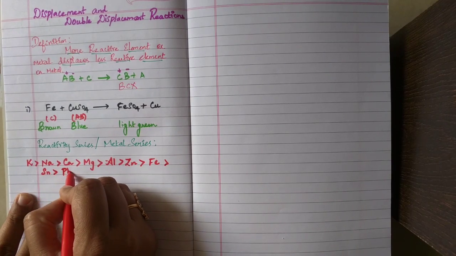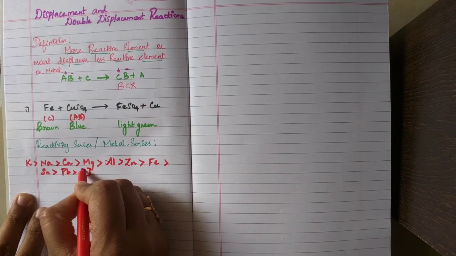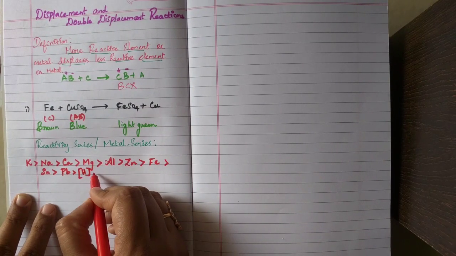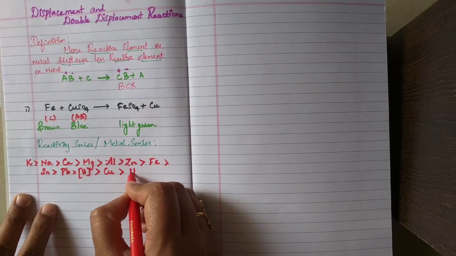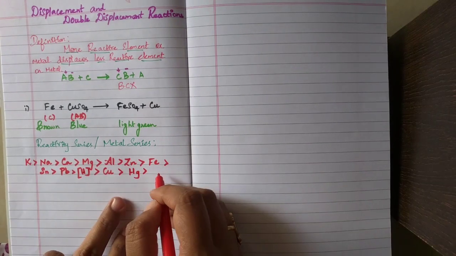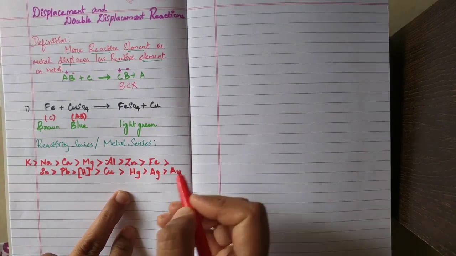After that hydrogen will come, students. Hydrogen is considered as a standard. Then copper, mercury, silver, gold. This is the reactivity series, students.